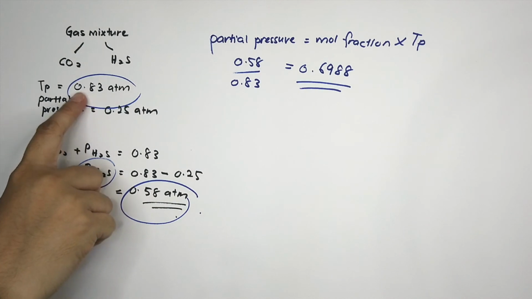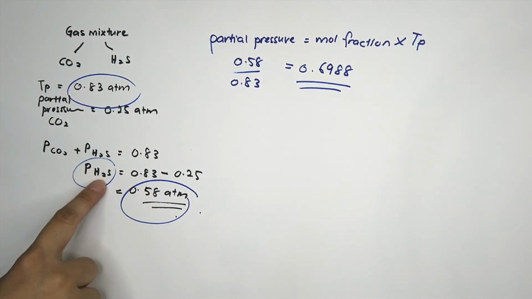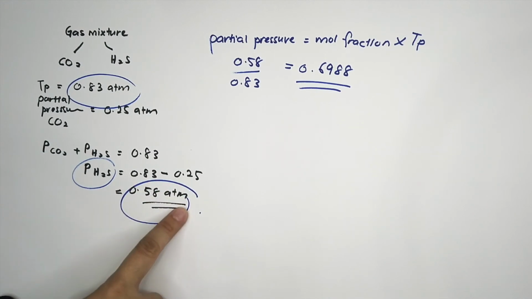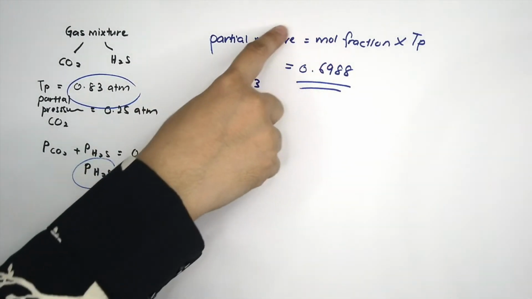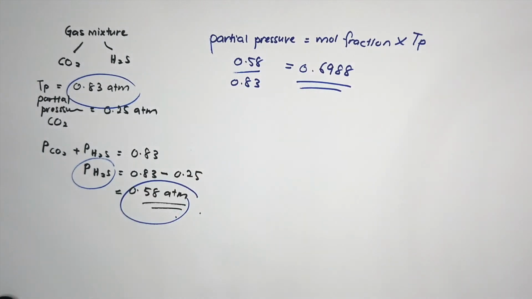The total pressure is 0.83 and the partial pressure for the hydrogen sulfide is 0.58, so you just need to divide these together. You will get the mole fraction for the hydrogen sulfide equivalent to 0.6988. So this is the final answer for the last question, question number 4 for chapter 1.